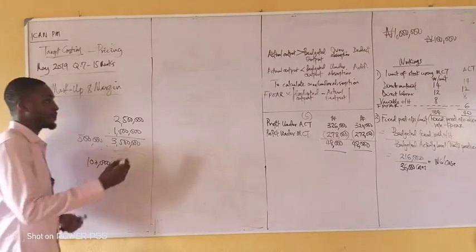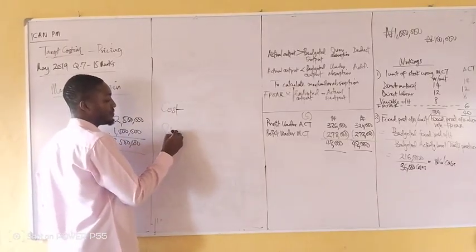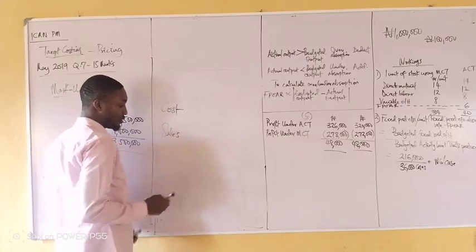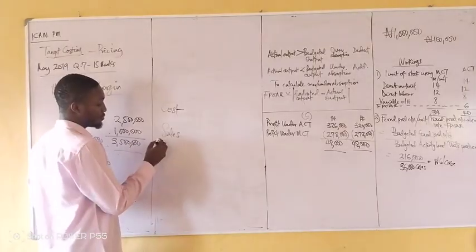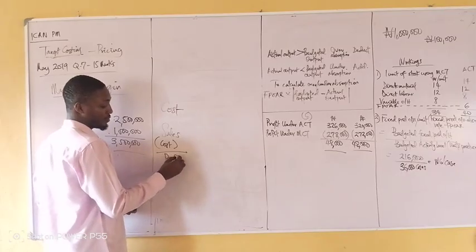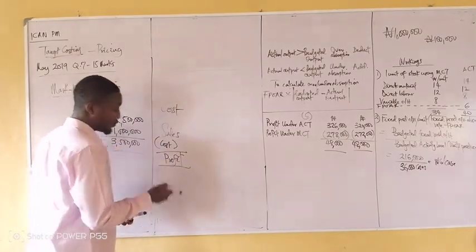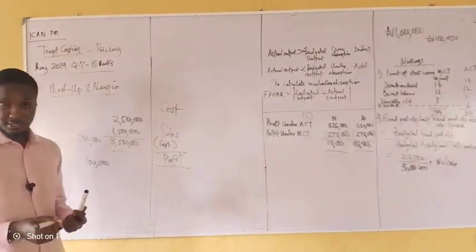Now, we have cost of a product, we have selling price, abi? Sales. And we know that sales minus cost is equal to what? Profit. Which invariably means cost plus profit is equal to what? Sales.